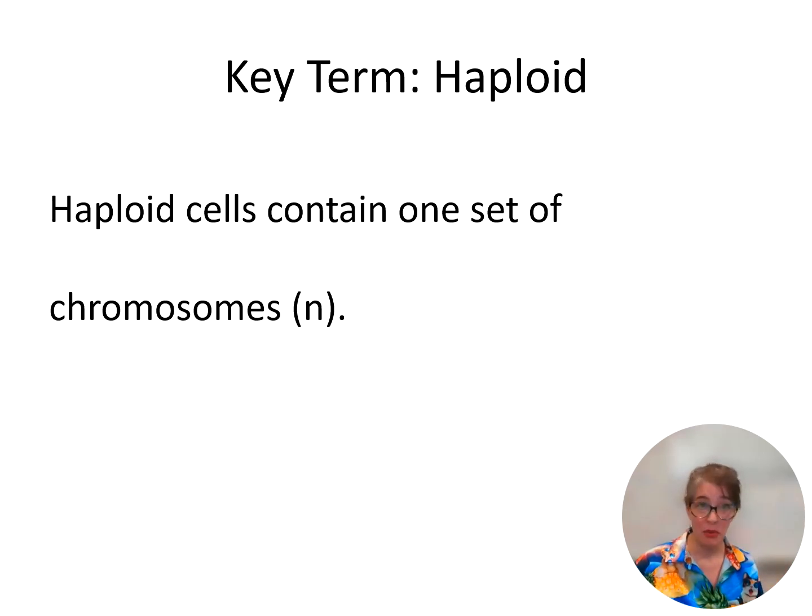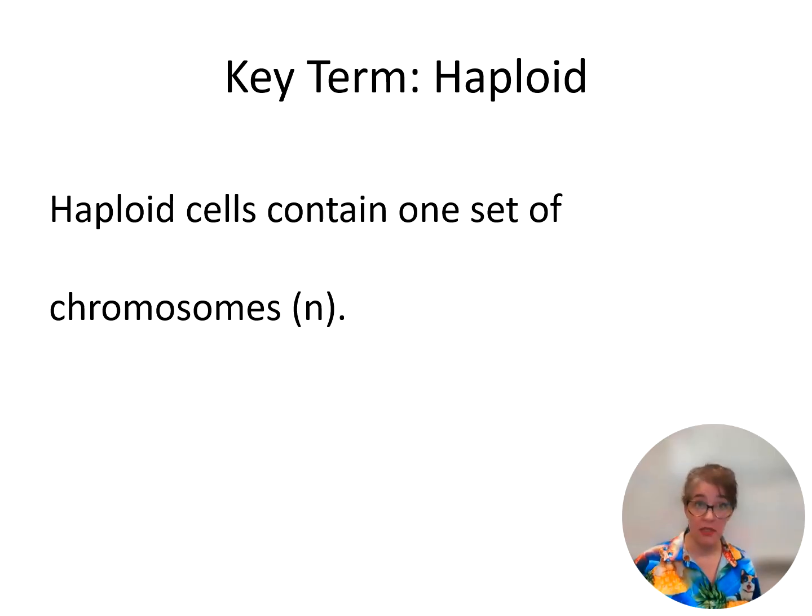Your haploid cells for meiosis are just one copy, just one set. And that's a big takeaway here. Haploid cells are your sex cells. They're egg and sperm. These cells are made during meiosis. So egg and sperm, haploid cells.